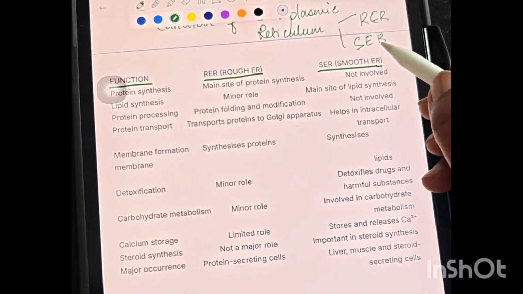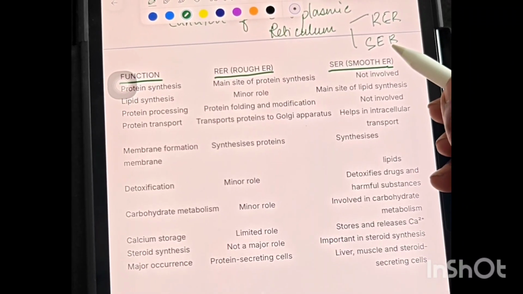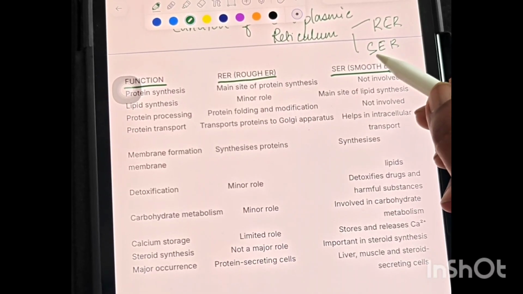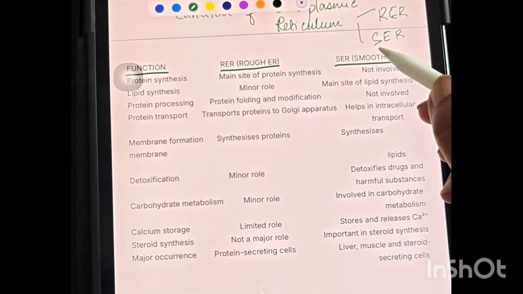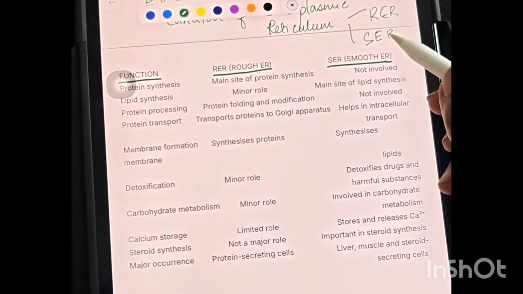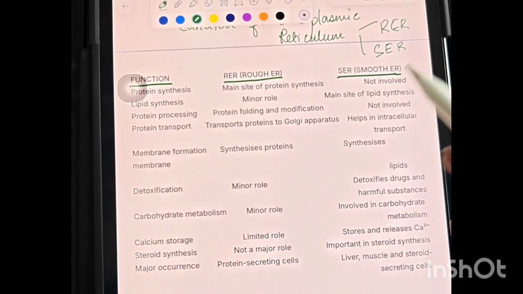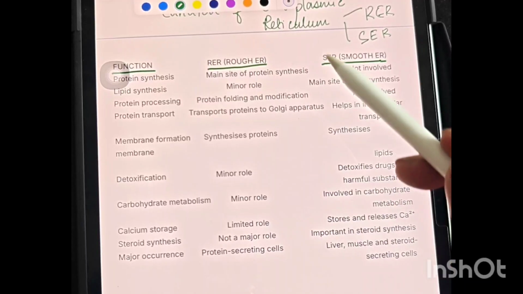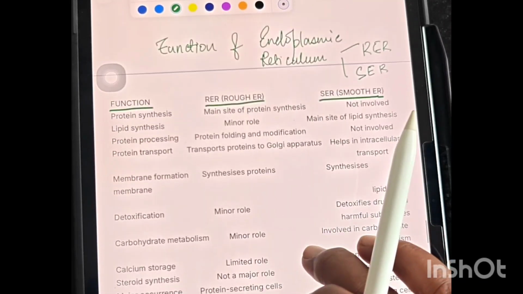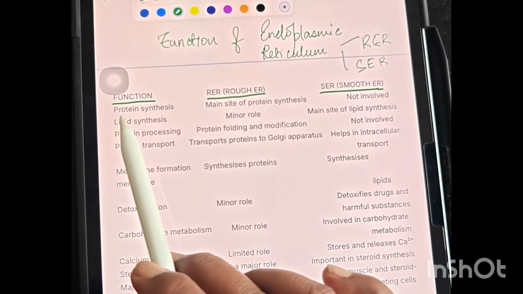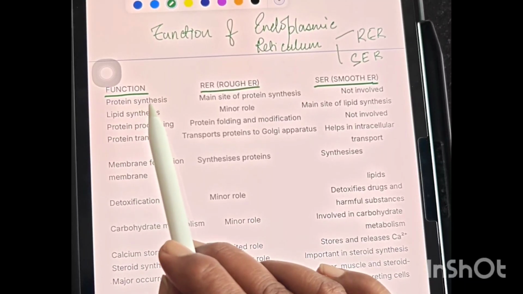In smooth endoplasmic reticulum there are no ribosomes, so the surface is smooth. So based on the presence and absence of ribosomes, the functionality varies between rough and smooth endoplasmic reticulum.